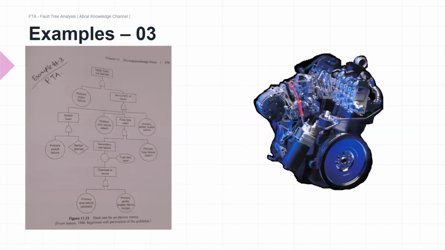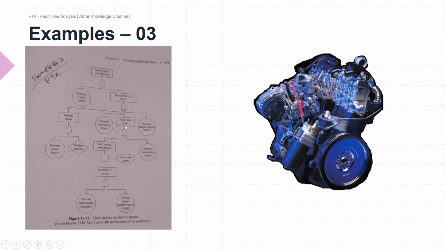Let's see the last and final example, the motor. This is what is given in the book, Six Sigma Handbook, 4th edition: motor does not operate. It could be because of primary motor failure or no current to the motor. Again, the OR gate is good because we have various reasons: either switch open, primary wire failure, fuse failure, or primary power supply failure.